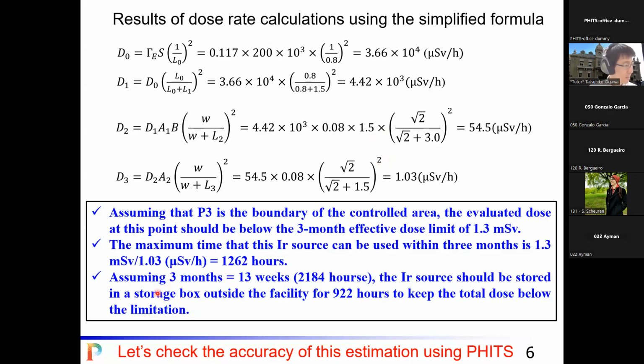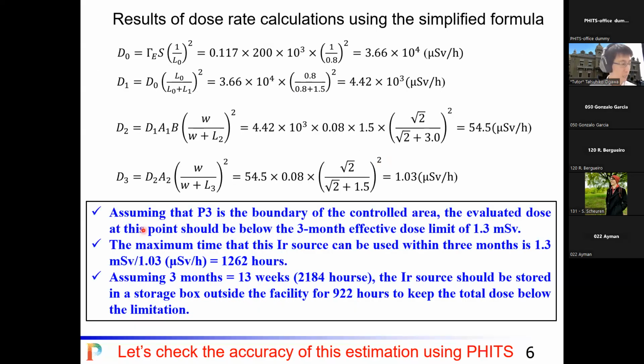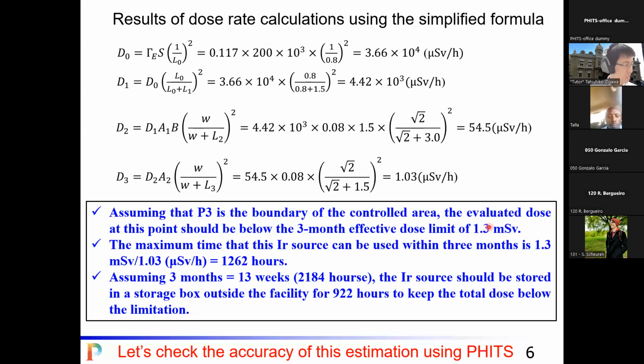And these are the limitations in Japan. You can use the values of your country if you want. But speaking of the Japanese regulations, assuming that P3 is the boundary of the controlled area, the exit of the maze, the evaluated dose at the point should be below the 3-month effective dose limit of 1.3 millisieverts.